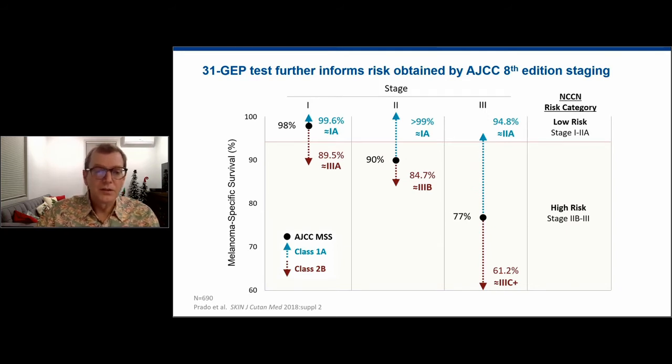And so this is one of my favorite slides in the entire deck, but tells me that we certainly need to do more for some patients that cross the line from low risk to high risk, as well as a very high negative predictive value for these stage 1, stage 2, and even stage 3 patients with a class 1 gene expression profile.